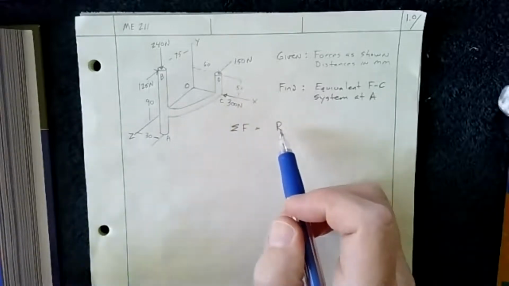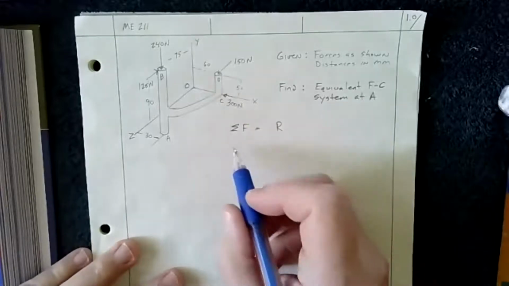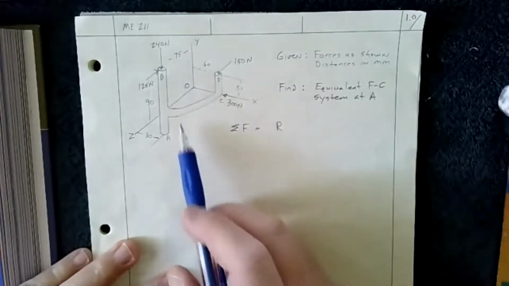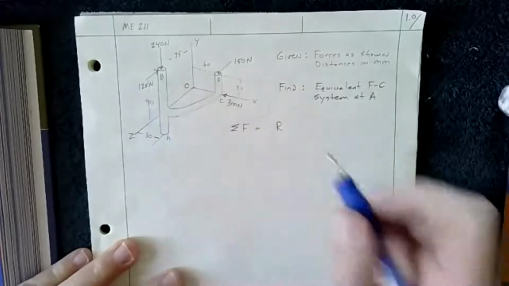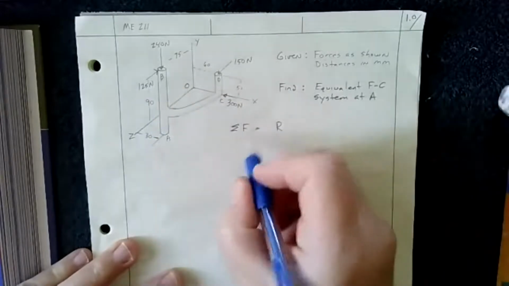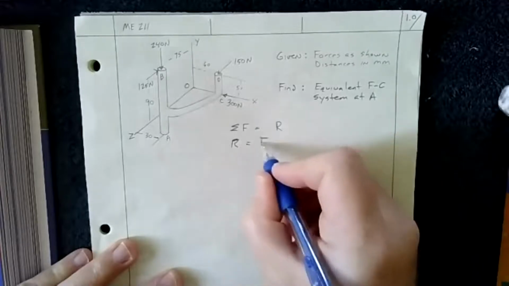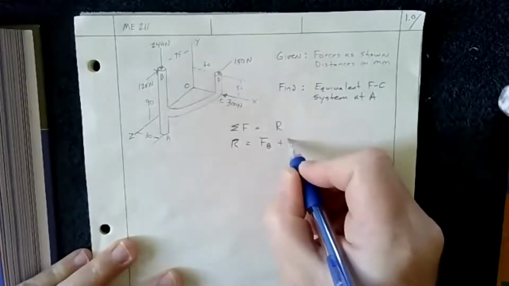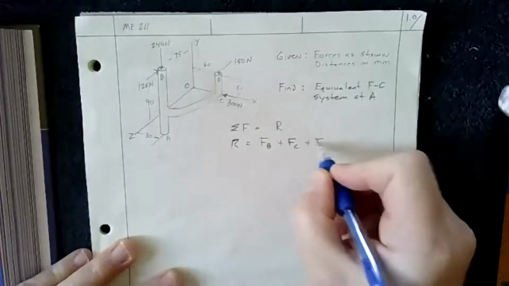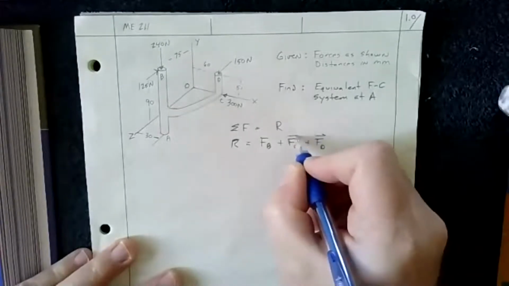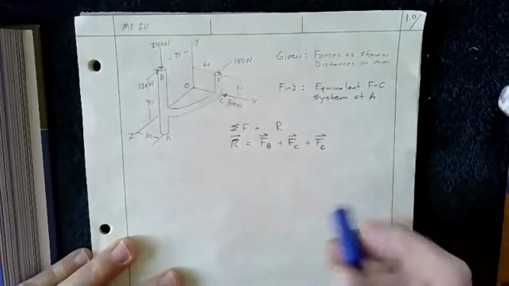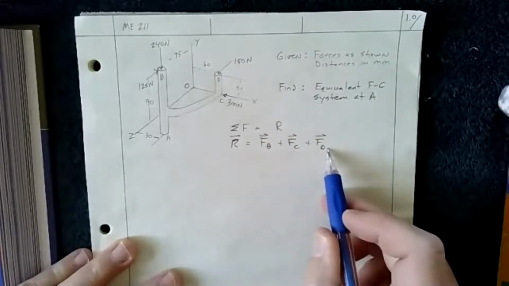Now these forces are all in specific directions. Actually, let me write this. R is going to be equal to the force at B plus the force at C plus the force at D. We don't want to get ahead of ourselves, so this is our governing equation for that.